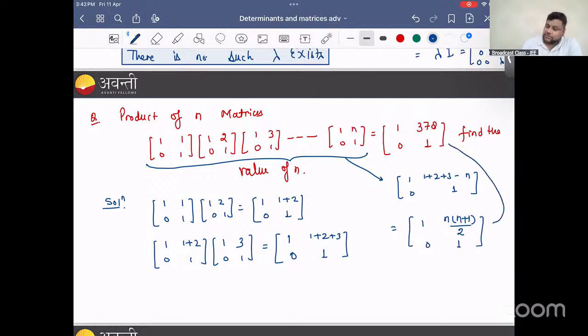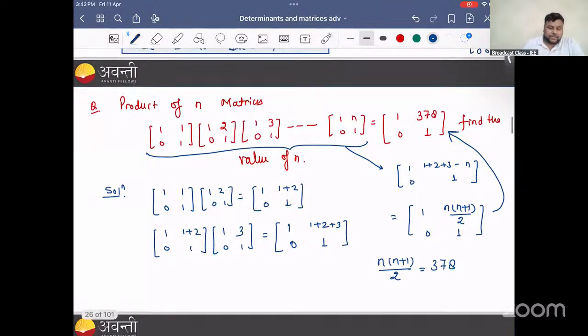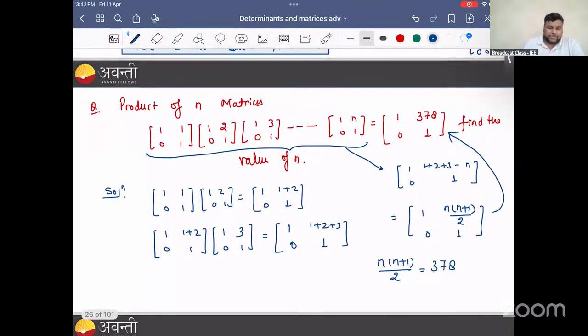Now if this is equal to the given matrix, that means n into n plus 1 by 2 is equal to 378.